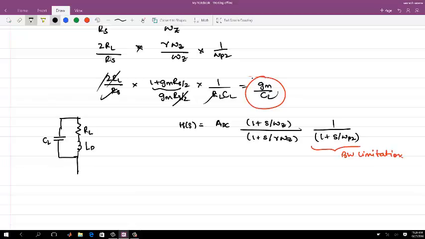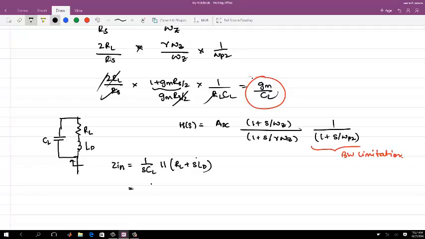So let me just write the input impedance looking in, or Zin. Zin is equal to 1 by SCL in parallel with RL plus SLD, right?